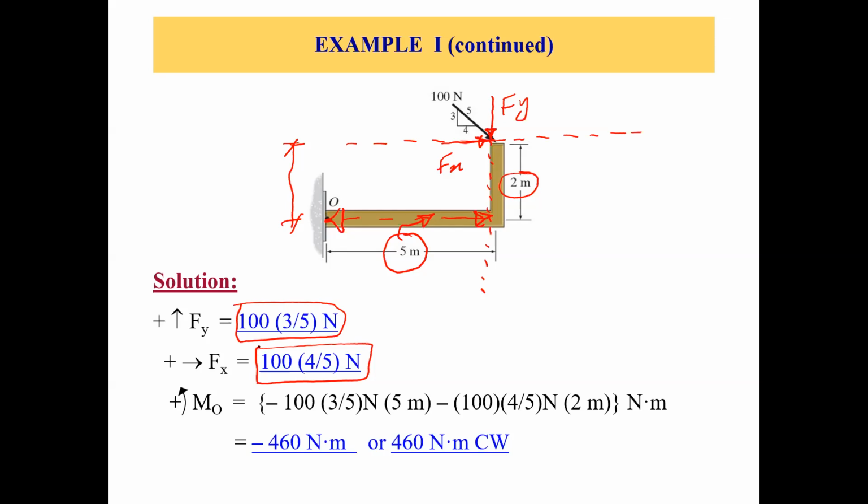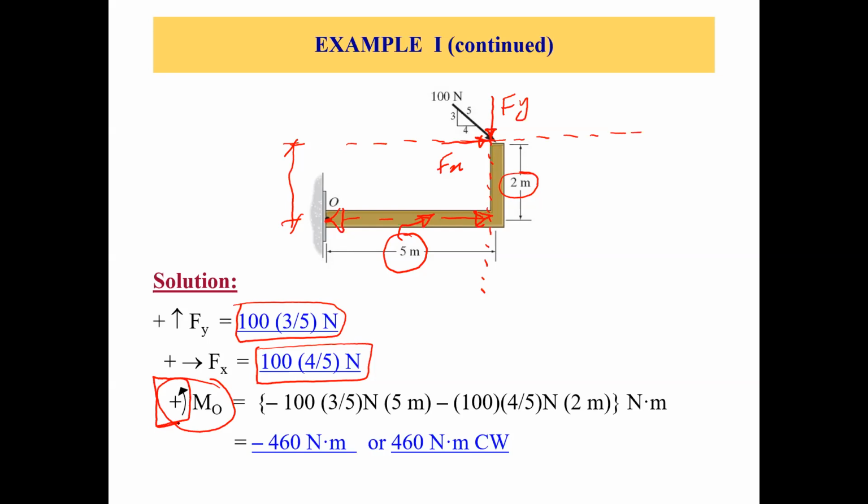Now, let's find out the moment. Here, M sub O, we are taking moments at point O, and this is the sign convention which we use for determining the moments. Counterclockwise positive. It's very important that you use the sign convention and be consistent. You can use clockwise positive, but most books and most people use counterclockwise positive, but whatever sign convention you use, you have to be consistent.